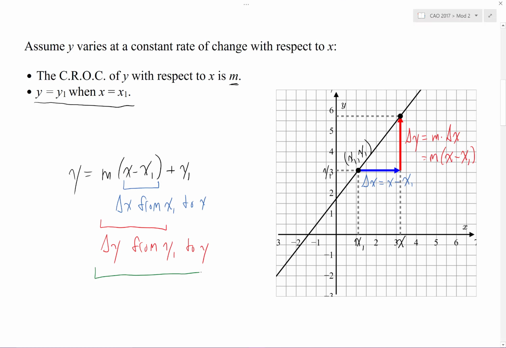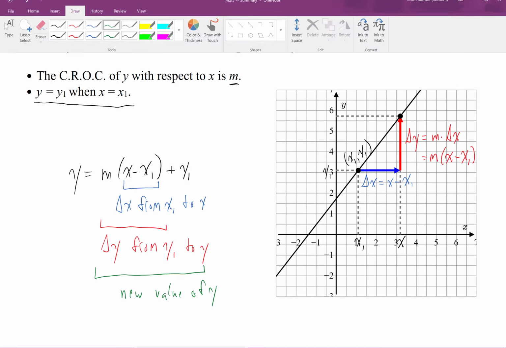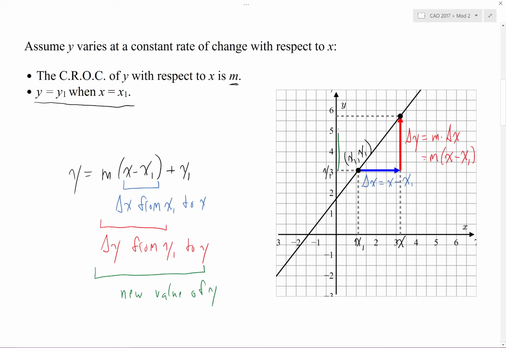Now if we take that change in y, and we add it to the initial value of y, what we compute is the new value of y.